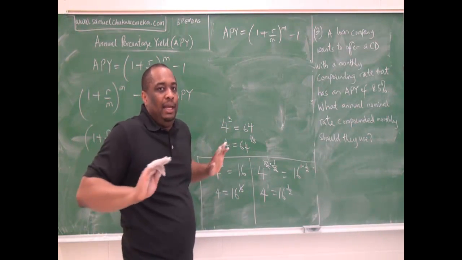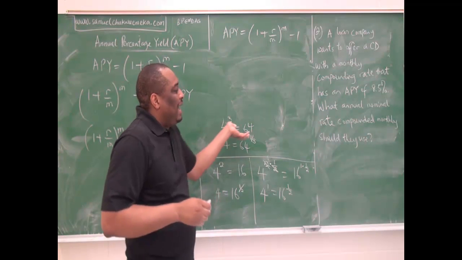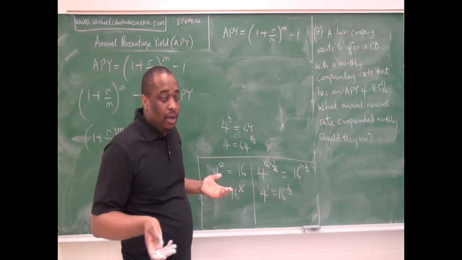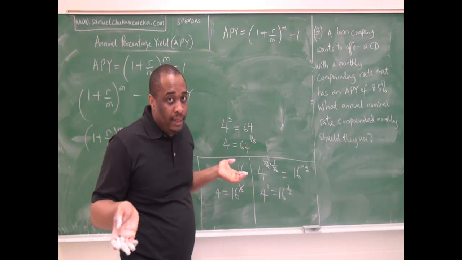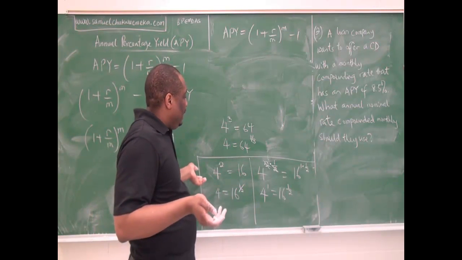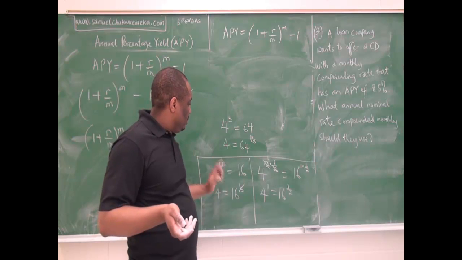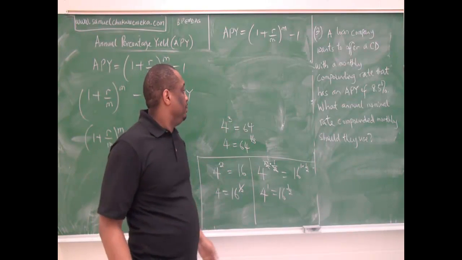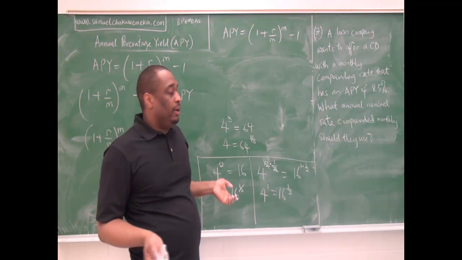Or I'll just take the cube root of both sides, or multiply the exponent by 1 over 3. Here, take the square root of both sides, or multiply the exponent by 1 over 2. That is the way we do it, okay?